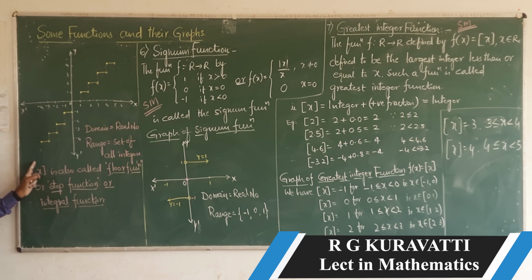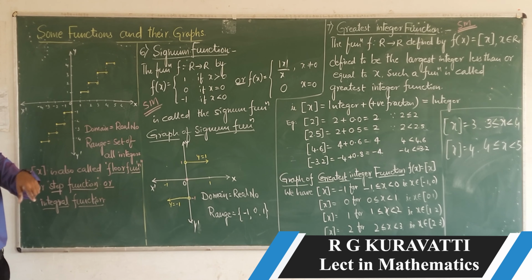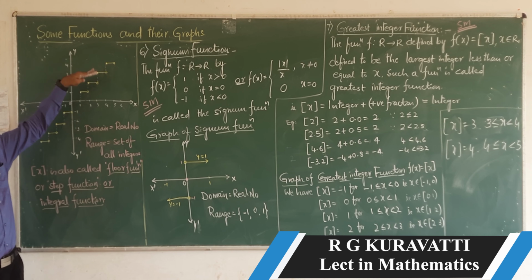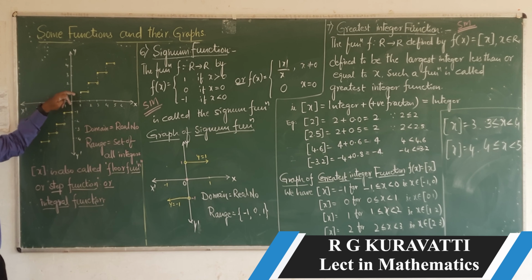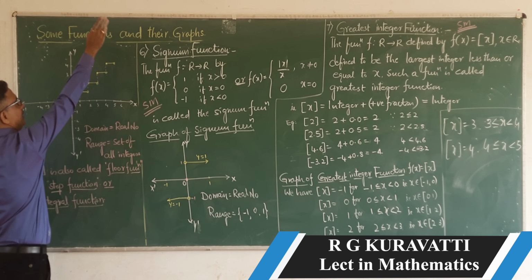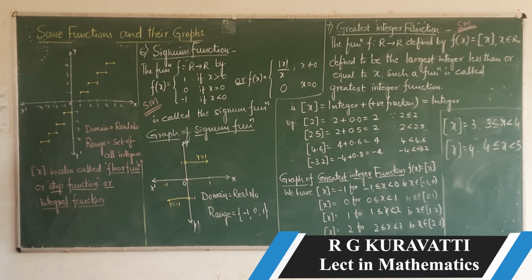So now remember, the greatest integer function [x] is also called the floor function. Floor: first floor, second floor, third floor. Or step function, where each step goes one by one: first step, second step, third step, fourth step. Another name is integral function.